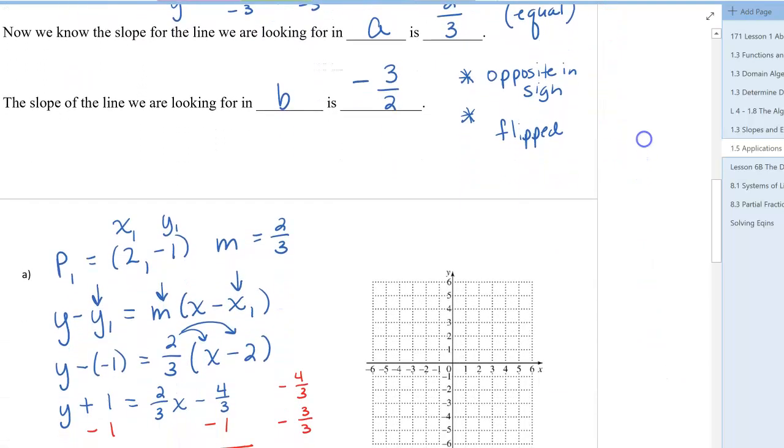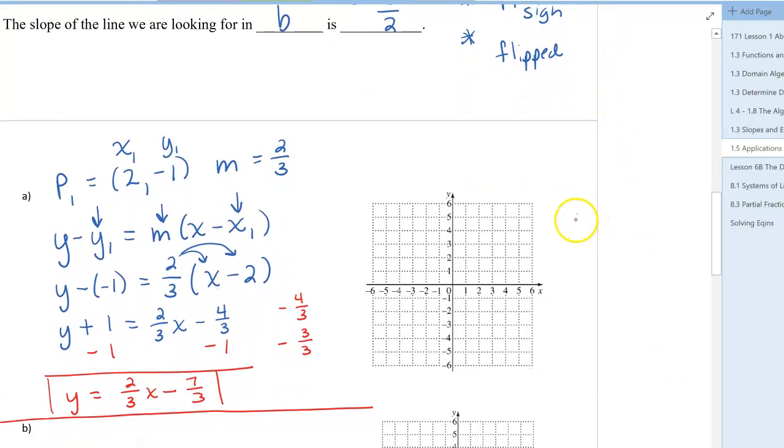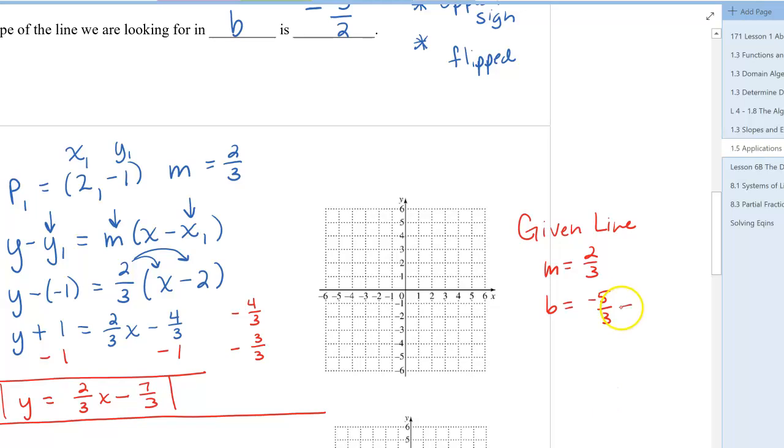So if I go to my graph, -5/3 is equivalent to, well, 3 will go into 5 one time with 2 left over. So it's equivalent to -1 2/3. So -1 2/3 is about here. And from that, I'm going to go up 2 and over 3. So 1, 2, over 1, 2, 3.